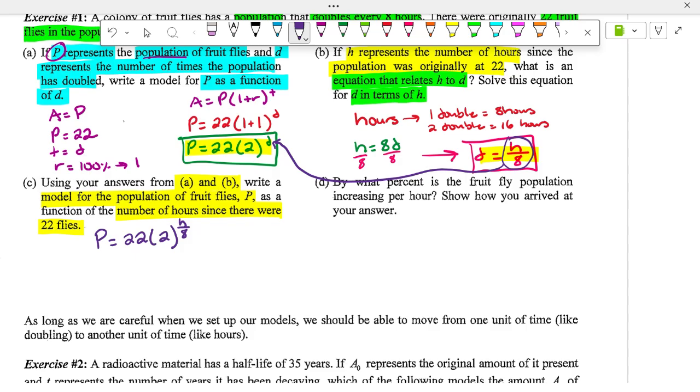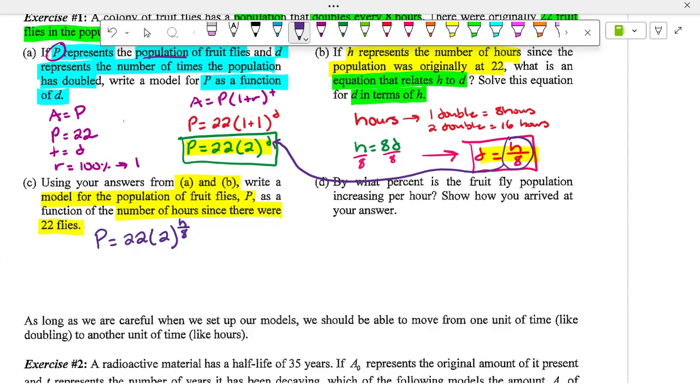Now, we're not done because we essentially want to write it so that it looks like the exponential growth equation that we're used to. And here's how you do it. H over 8 is the same thing as what number multiplied to h? H over 8 is equal to some number times h.